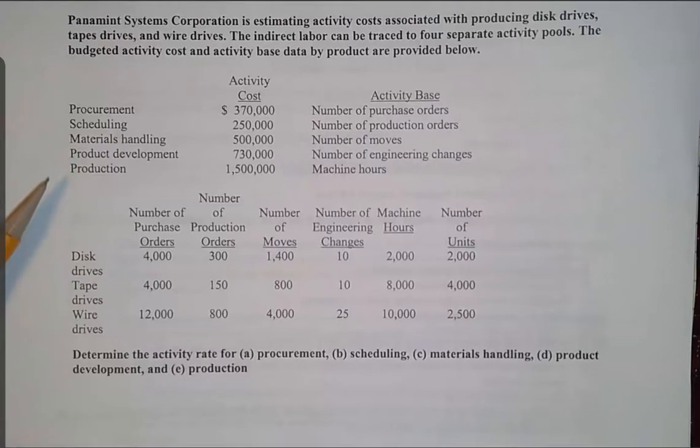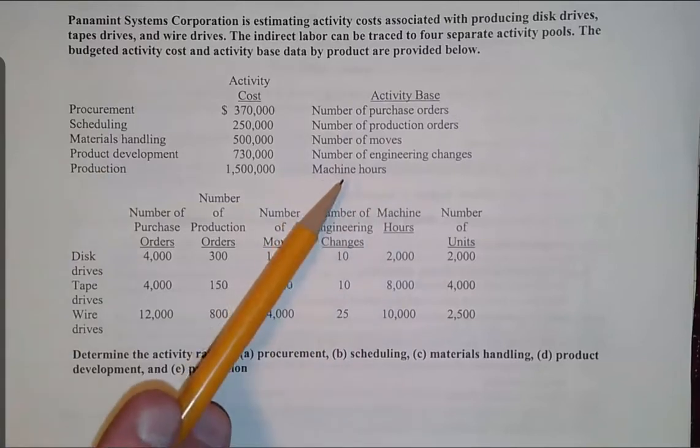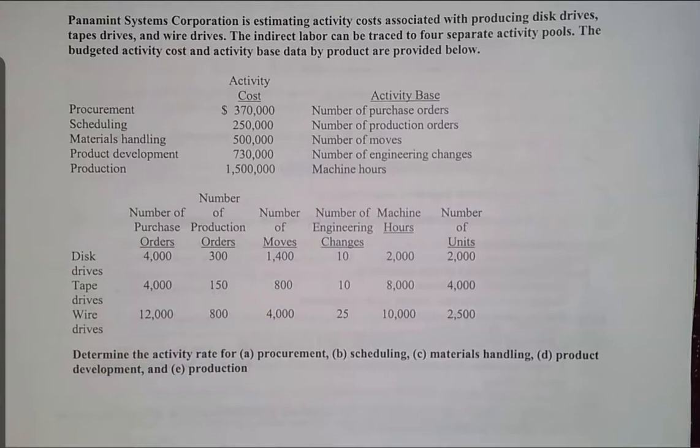And then we also have a 5th activity cost pool, a very large one, in fact, for production. However, that's going to be based on machine hours, so that would not be one of the 4. But we have 5 total activity cost pools, and then we have some information here. The activity base, number of purchase orders, number of production orders, and so forth.